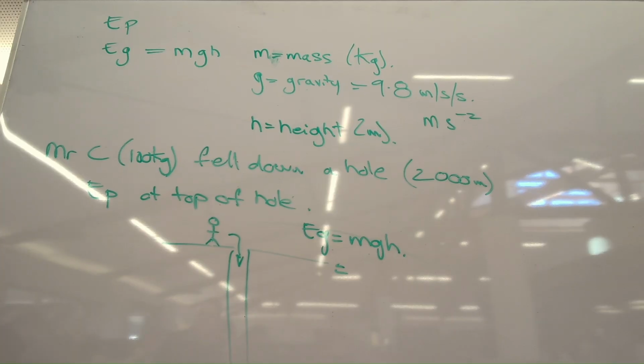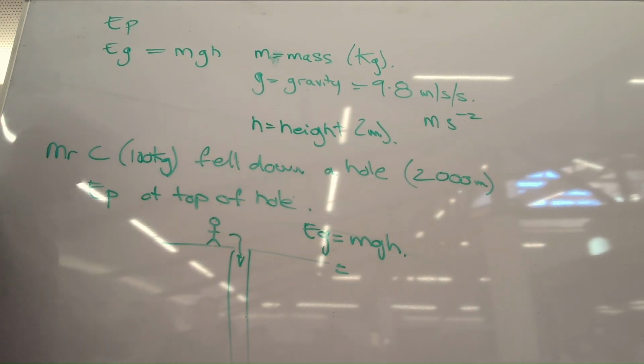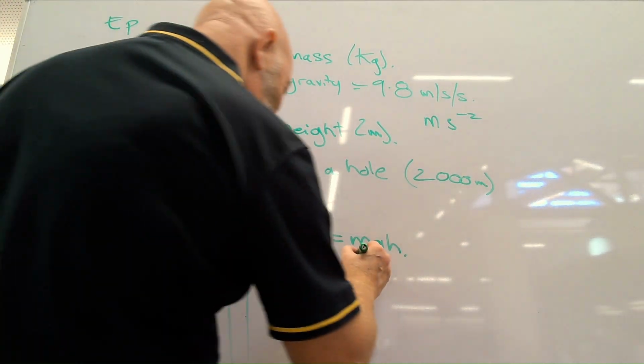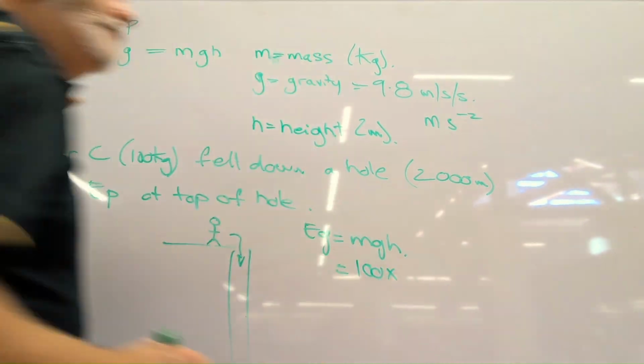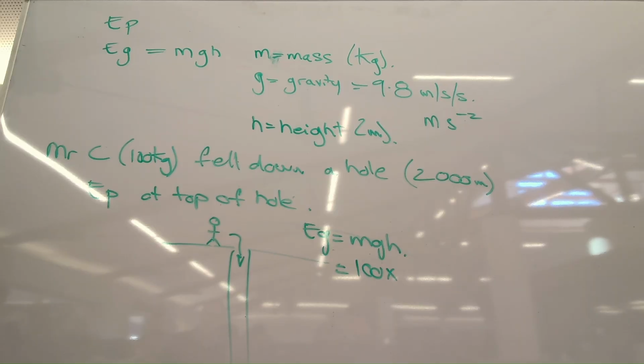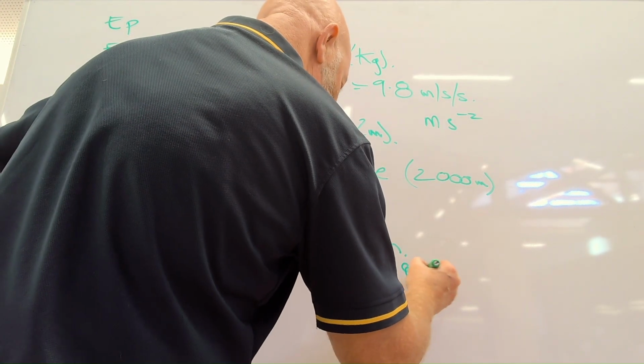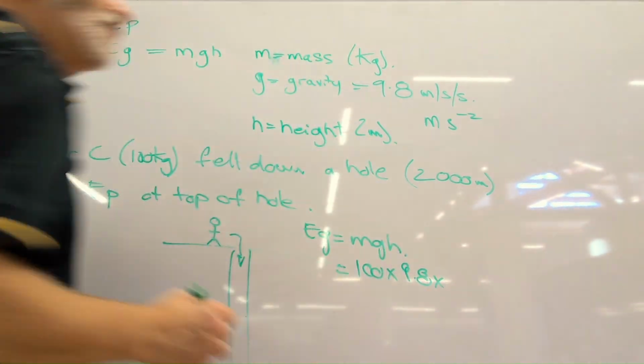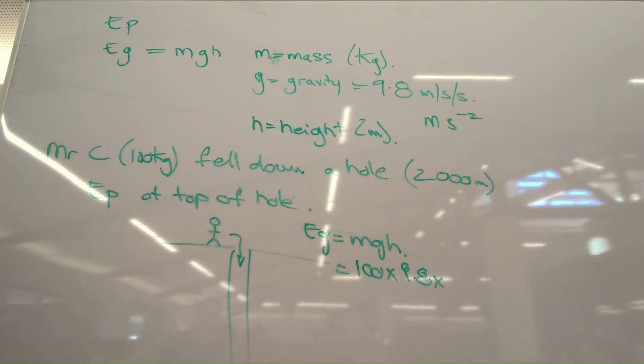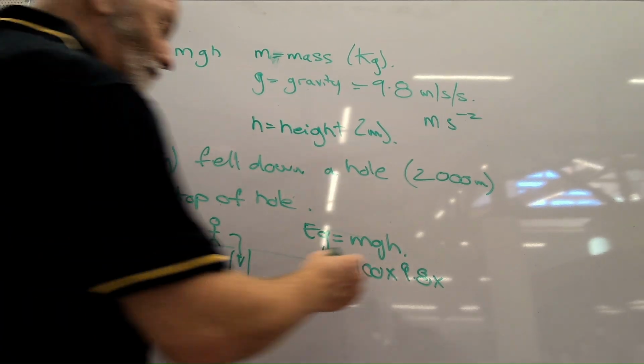Mass is 100 kilograms of solid muscle, is what you were supposed to say. 100 times gravity, 9.8, times the height, or the depth of the hole, now going downwards. Sorry? 2,000.